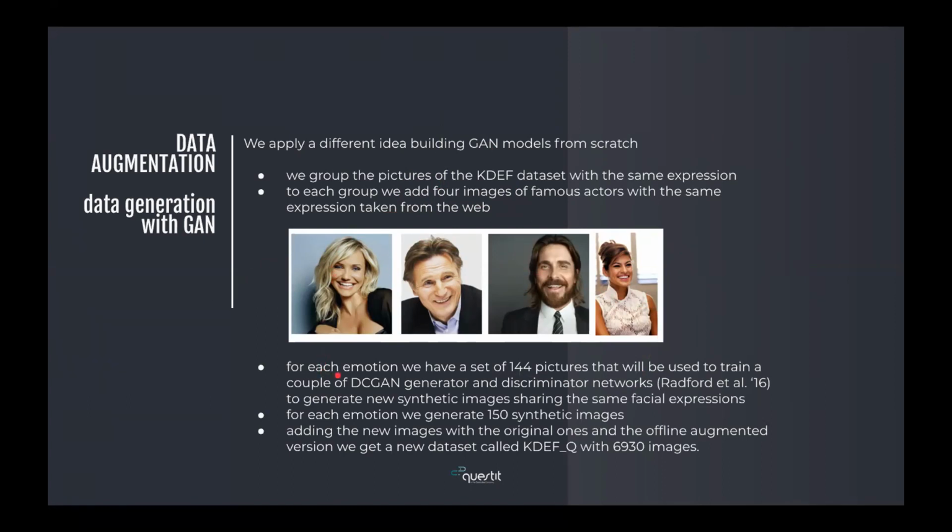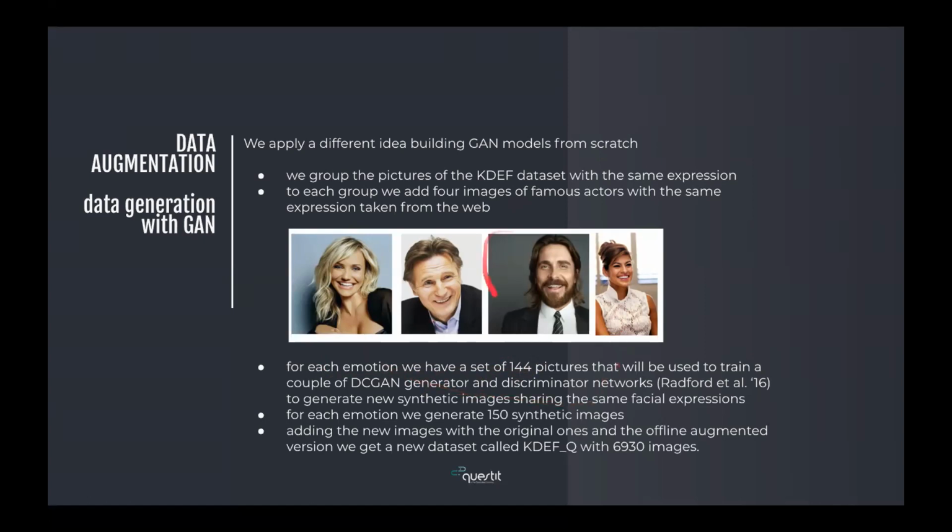For each emotion, then, we have a set of 144 pictures that will be used to train a couple of DC GAN generator and discriminator networks to generate new synthetic images sharing the same facial expression. So, for each group, we train a couple of generator and discriminator networks. And we believe that this procedure introduces a certain variability into the trained dataset.